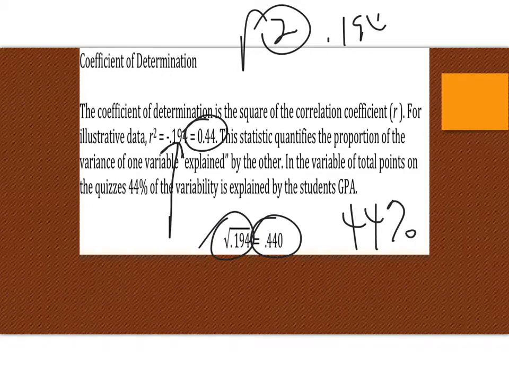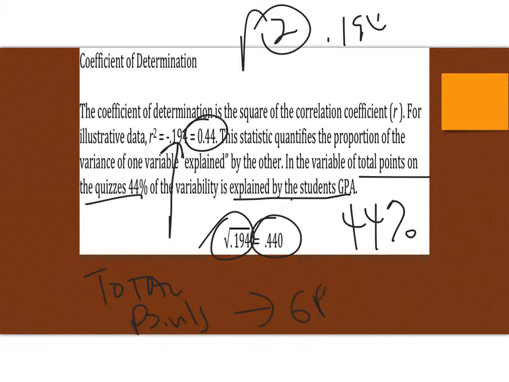In this one, we're looking at total points on the quizzes and whether it was explained by students' GPA. So we know that one went up and one went down, but we don't know how much it overlapped. What's overlapping? The total points and the GPA.